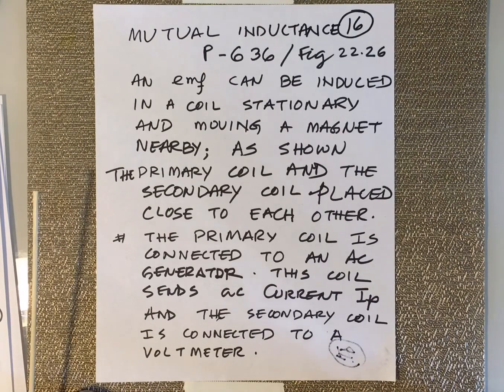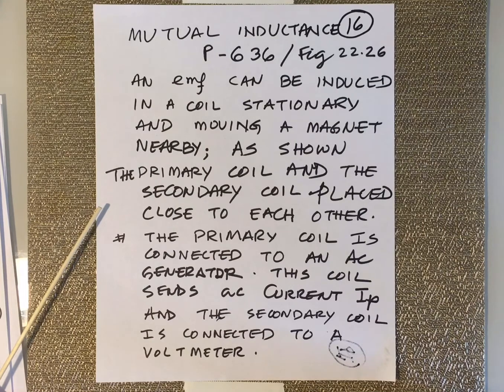The secondary coil is connected to a voltmeter to read the volts. The EMF can be induced in the secondary coil by moving the magnet nearby, as shown in the figure. The primary coil and the secondary coil are placed close to each other.